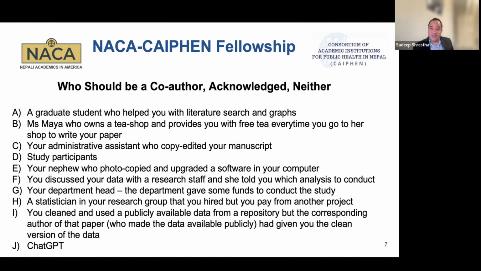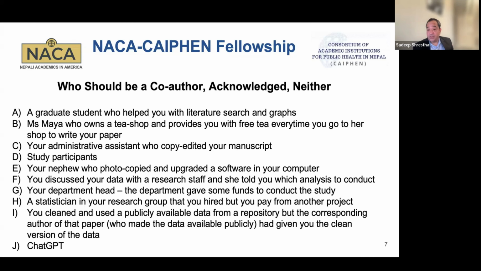Just because somebody is the dean or the department head or administrative head doesn't mean that they should be part of the manuscript. Remember, there should be an intellectual contribution in that paper. Okay, a statistician in your research group, that you meet, let's say, on a daily basis, that you hire, but you pay from another grant.